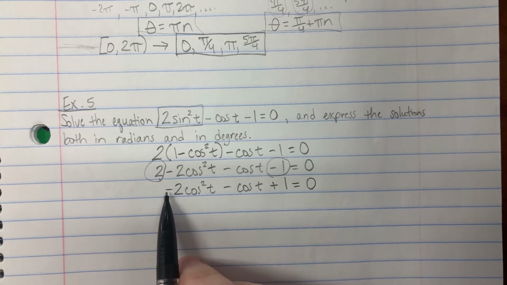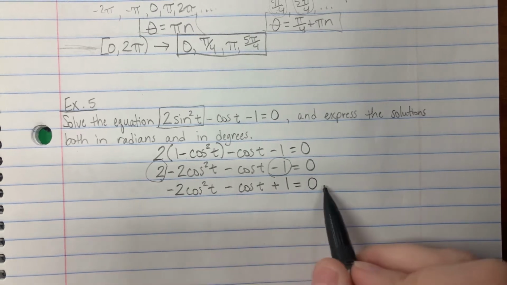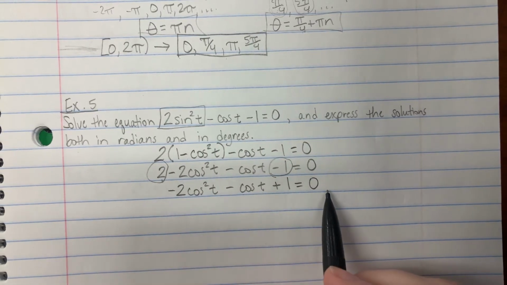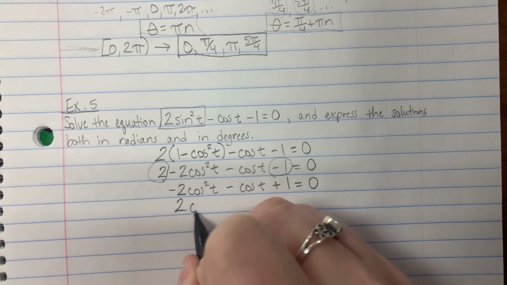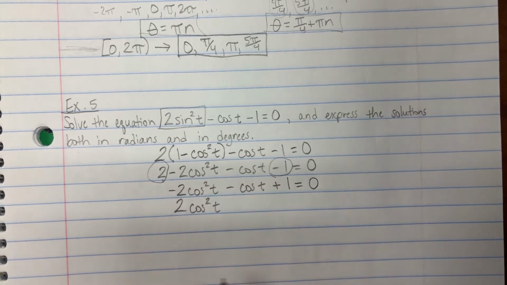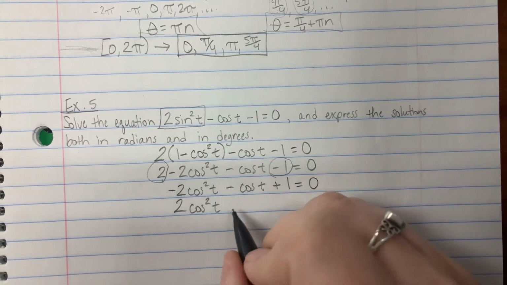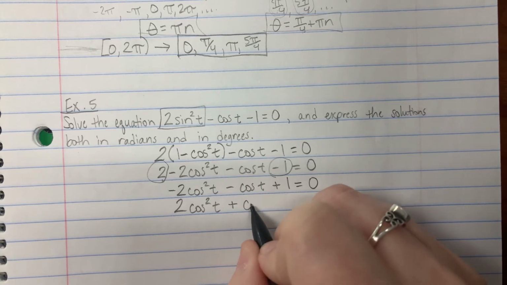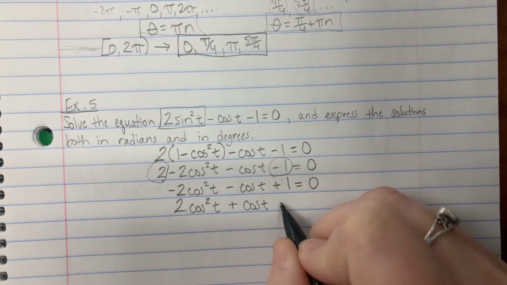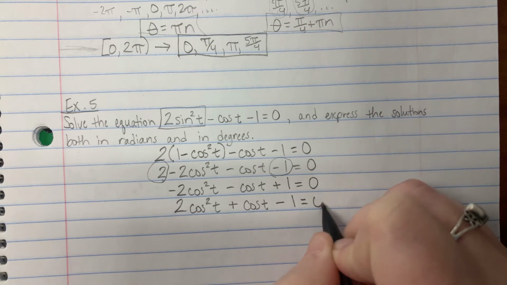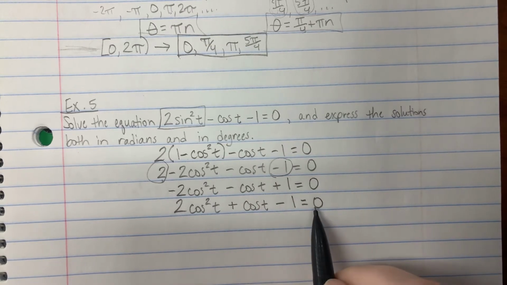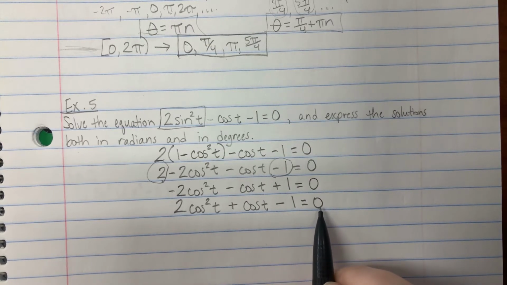It just makes things more complicated. So I would just switch all of my signs, kind of like you're multiplying everything by negative 1. That makes that a positive 2 cosine squared, and then plus a cosine of t, and then minus a 1. So I'm kind of going back to where I was. And then this times a negative 1 would be 0 still.